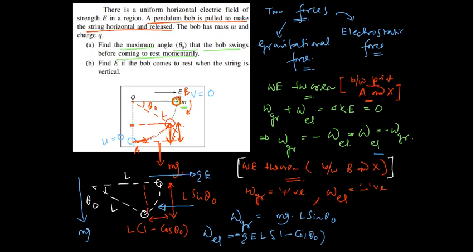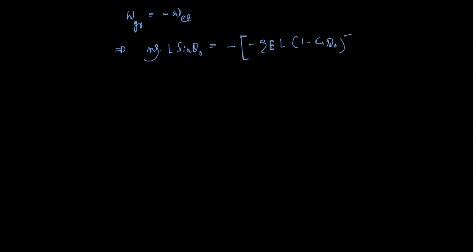Since work done by gravity is equal to minus of work done by electrostatic field, I can write mg into L sine of theta naught is equal to minus of minus QE into L into 1 minus cos theta naught. So this minus minus will be plus.